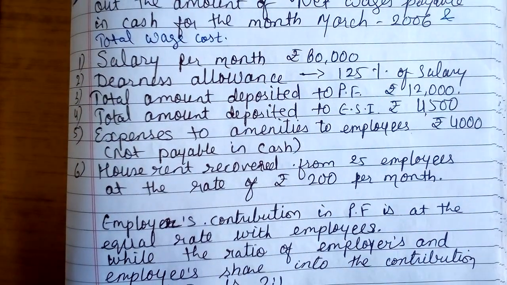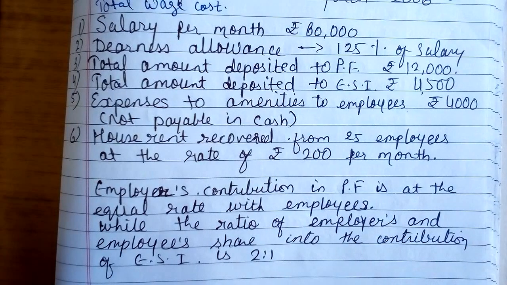Employer's contribution in PF is at an equal rate with employees, while the ratio of employer's and employees' share in the contribution of ESI is 2:1. Two things we need to calculate: net wages payable in cash and total wage cost.